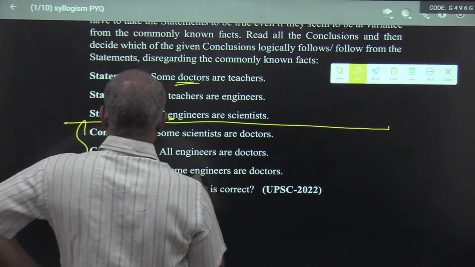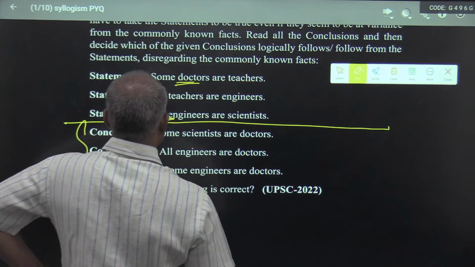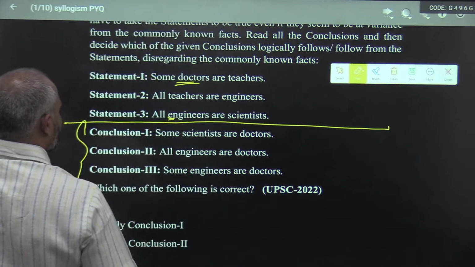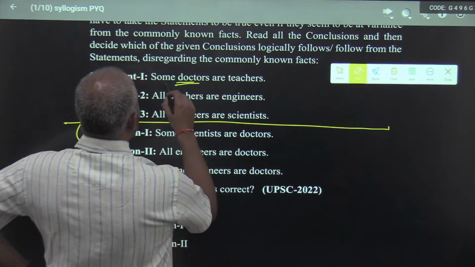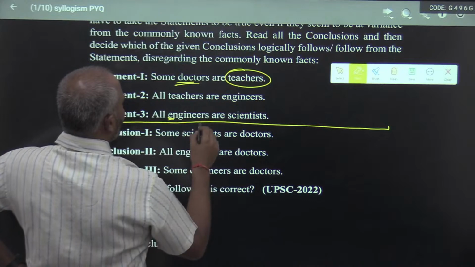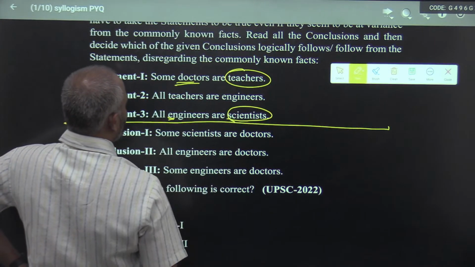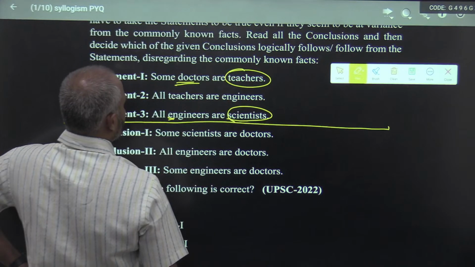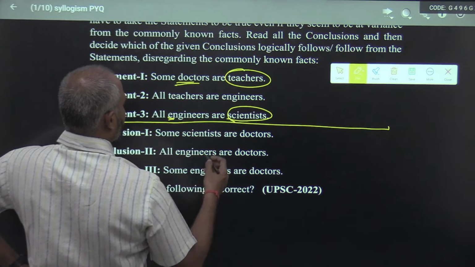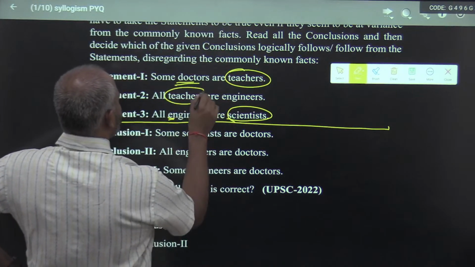Next, the third one is also between engineers and doctors. Now, the common element: for doctors it is teachers, and for engineers it is scientists, or for engineers it is teachers.